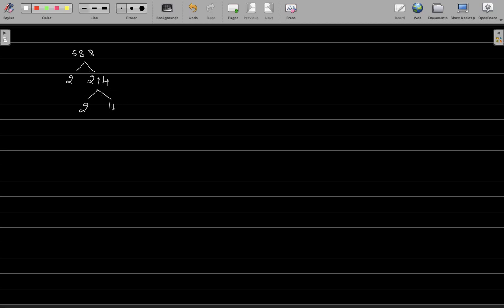This will give me 147, and if I factorize 147, let me say this starts with 3, I get 49, and this will give me 7 times 7 is 49. So my prime factors here are 2, 2, 3, 7, 7. That is 2 times 2 times 3 times 7 times 7 will give me 588.